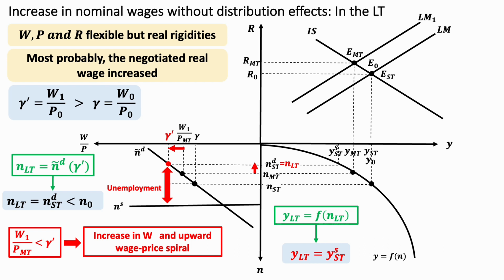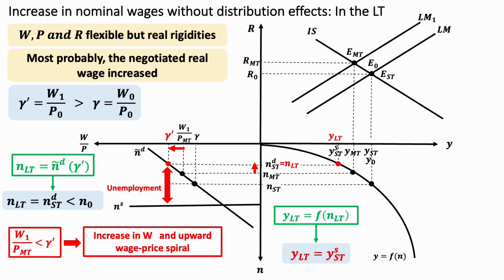In the long term, as you know, the model is dichotomous, meaning that employment and production are determined by the firm's maximization program. The firms produce less and hire less in the long term because their profitability was negatively impacted by the permanent increase in the real wage.